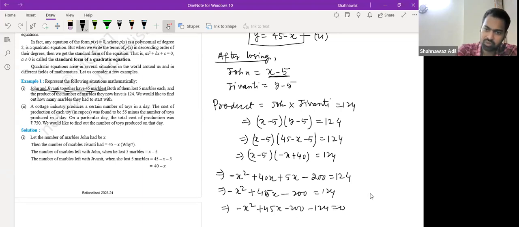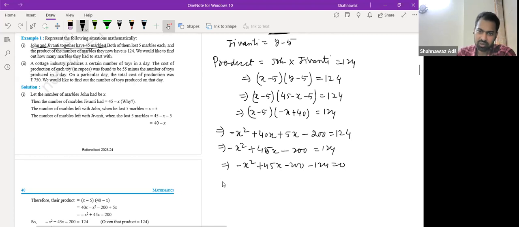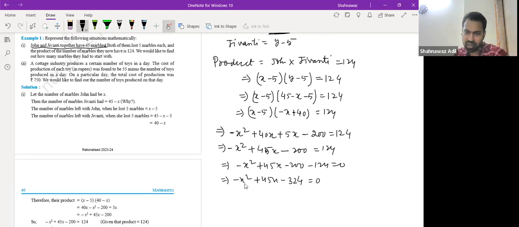So this will be how much? Minus X square plus 45X minus 324. Right, and we can take the negative sign common, and this would be X square minus 45X plus 324.